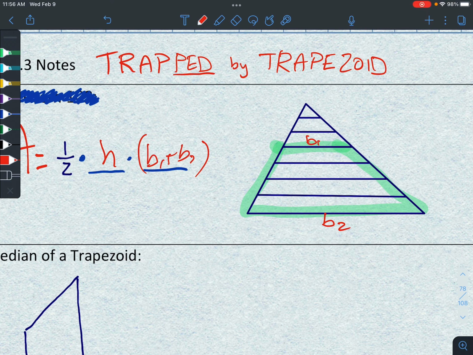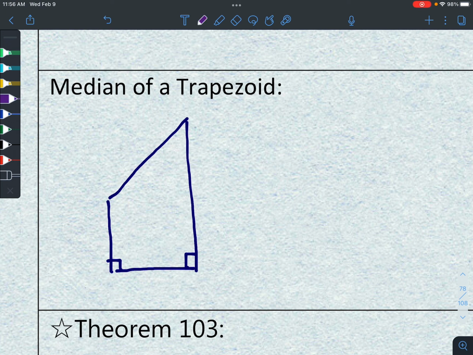There's another way to think about it, and that was what I was referencing yesterday, and that is thinking about this special line, aka the median. How do you find that median? Well, if you've got a short base and a tall base, B1 and B2, just find the average of those two. Find that middle base.